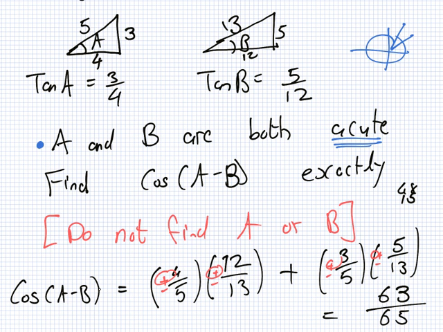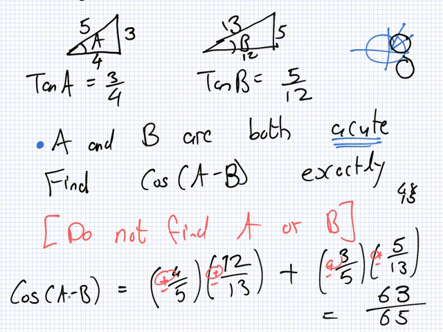By the way, which quadrant is A minus B in? Well, not necessarily. It could be in the first or the fourth quadrant, because these are the quadrants where cos is positive.